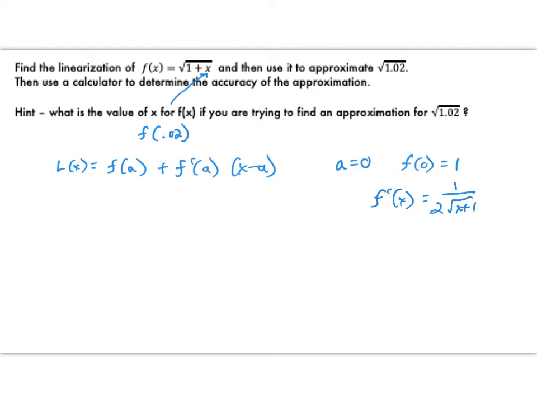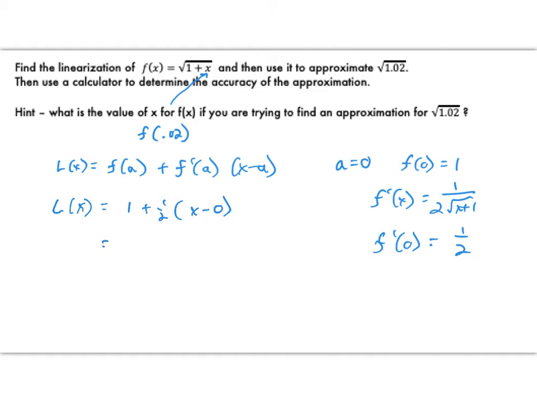Okay, and if I wanted to find what f prime of 0 was, I certainly could. f prime of 0 is going to wind up being 1/2. Okay, so with this information, the f of 0 and the f prime of 0, I can now start to find out what my linearization is when we're using 0 as our center of approximation.